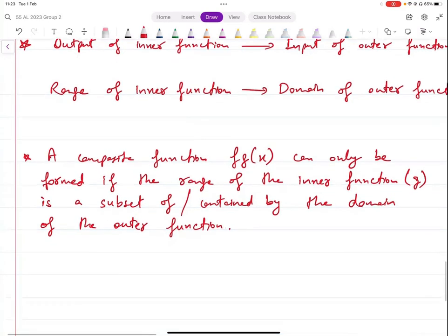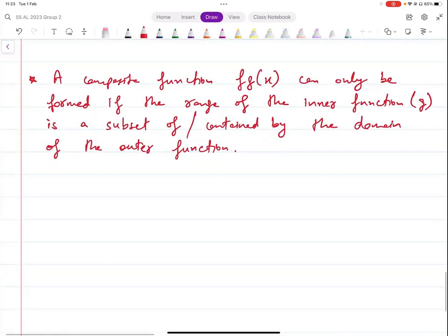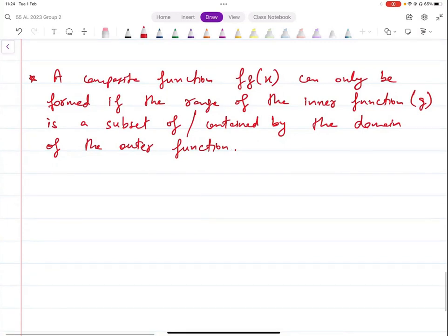So this is the condition for a composite function to exist, okay? If this does not hold true, the composite function cannot exist. An error will come, so you cannot write an expression for that. Is that okay to everyone? Any problems? So that's about composite functions.